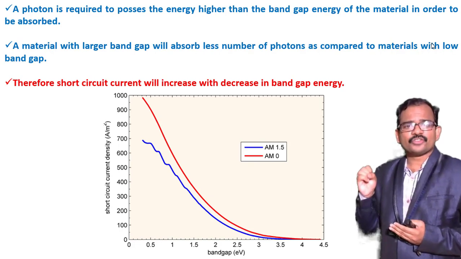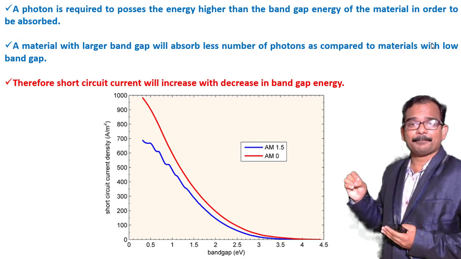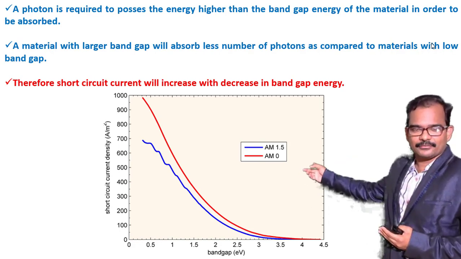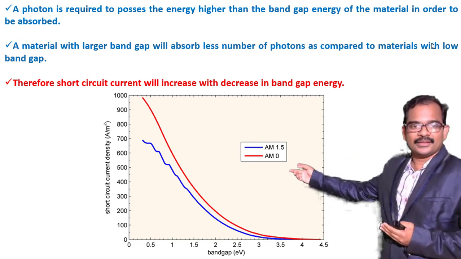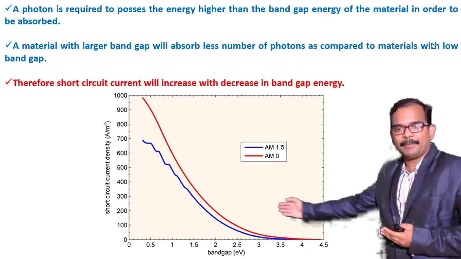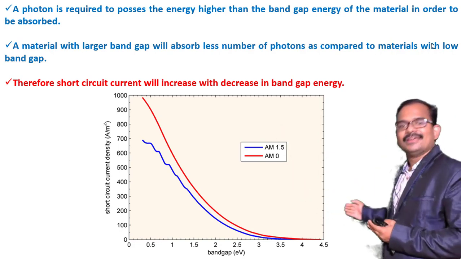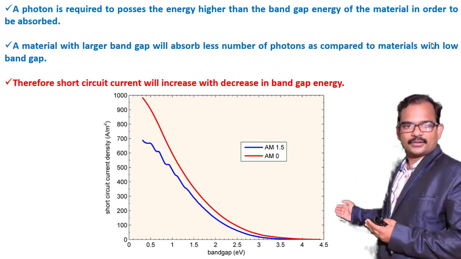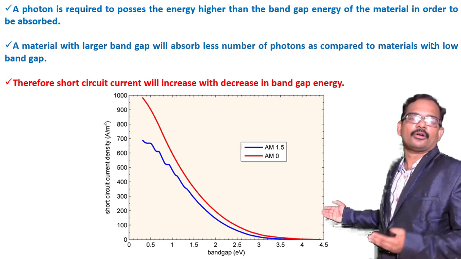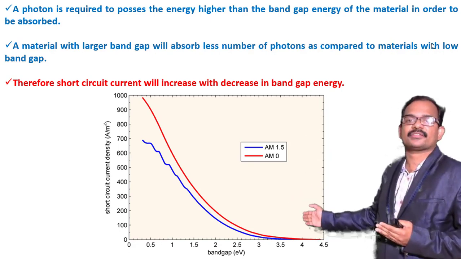Therefore, the short circuit current will increase with decrease in band gap energy. You can see it in the graph over here, which shows the variation of short circuit current with band gap. As the band gap on the x-axis increases, the short circuit current decreases. That is what the concept is all about.